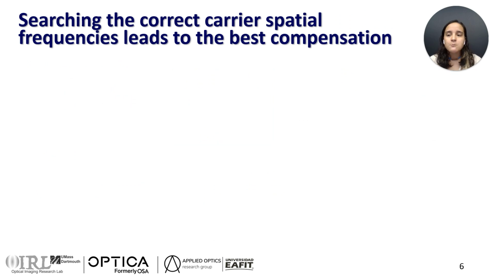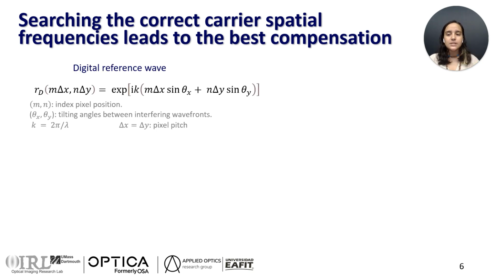We first have to find the brightest pixel inside the +1 diffraction order of the power spectrum of the hologram. We mark it, and then we create a mesh around it with a step smaller than a pixel.